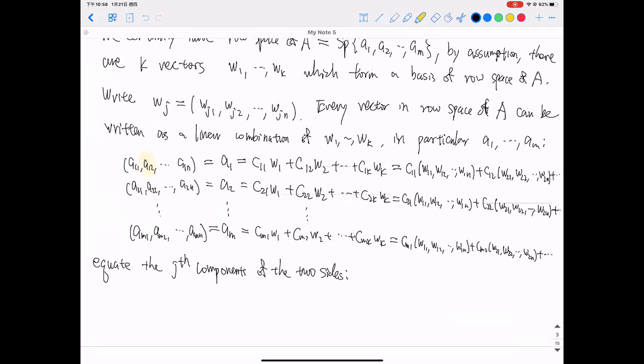On the right-hand side of the equation, we will need to pick up every second component in every term. Now for the second equation, we'll be looking at this component, A22, where on the right-hand side, we'll be looking at W12, W22 again.